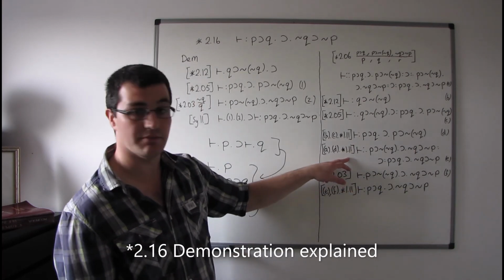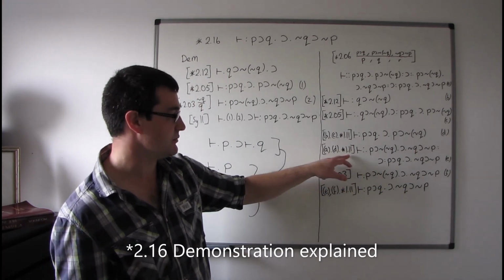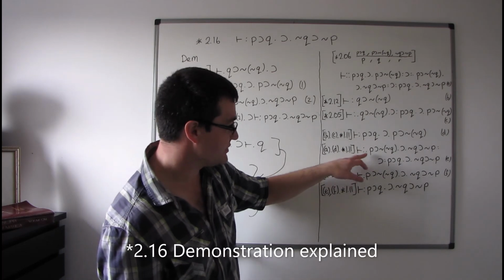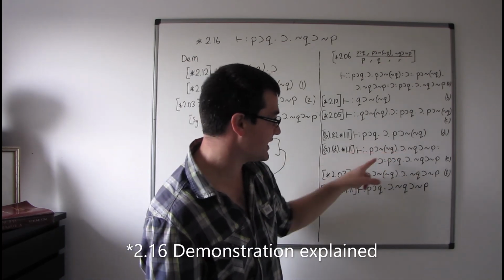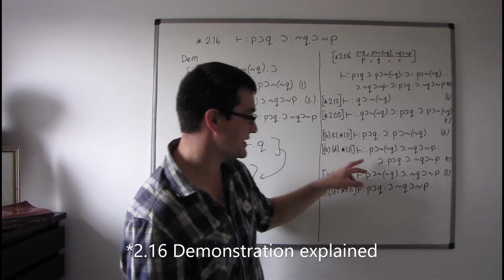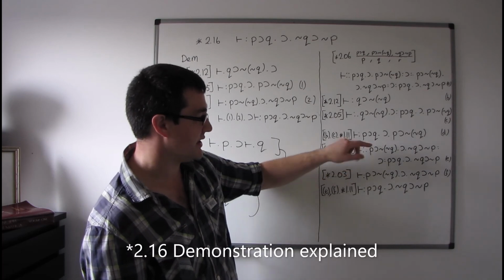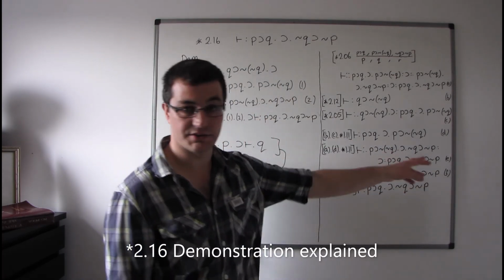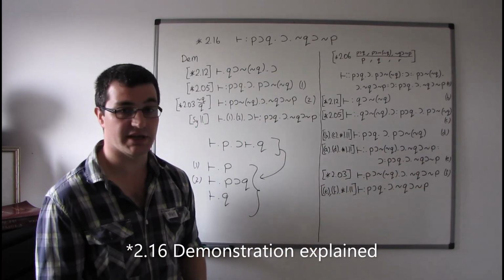So using my basic rule of inference, 1.11, I can drop the hypothesis, because both the implication and the hypothesis are asserted, so therefore I can assert the consequent of the implication.